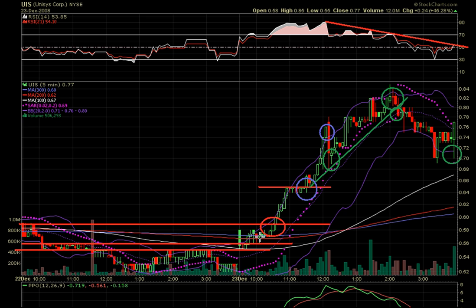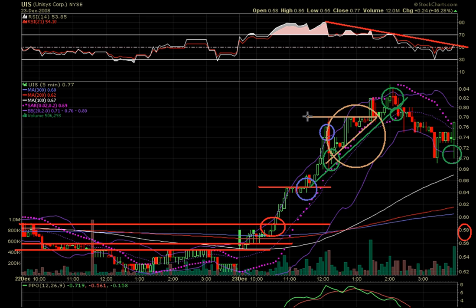Even if we waited till the break there, you're looking at getting in around 58. And if you play this thing the way you should, let's just say you hang on here again. If you're looking at things for what they are, there is a symmetrical triangle, or I'm sorry, an ascending triangle going up.